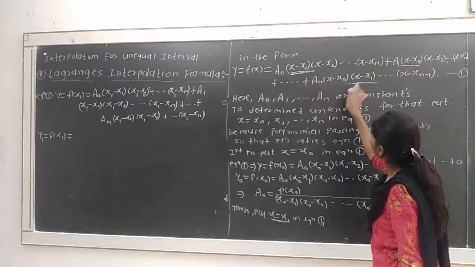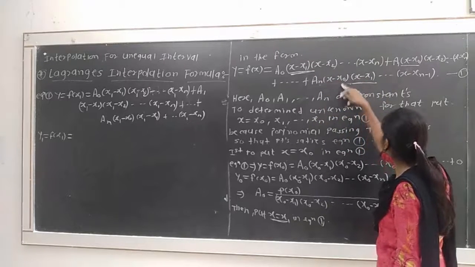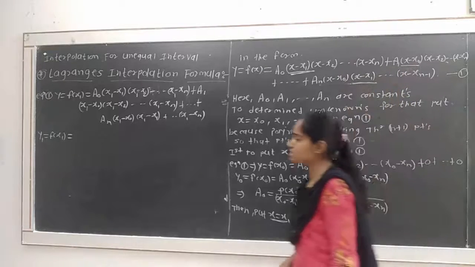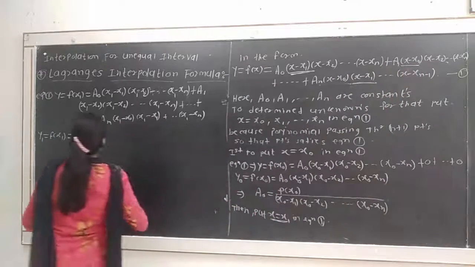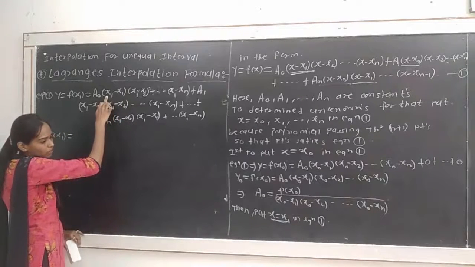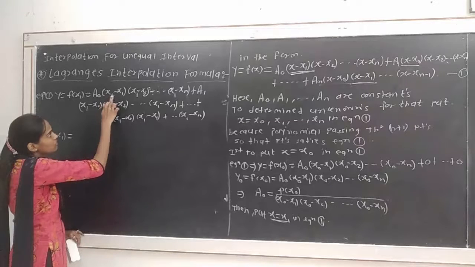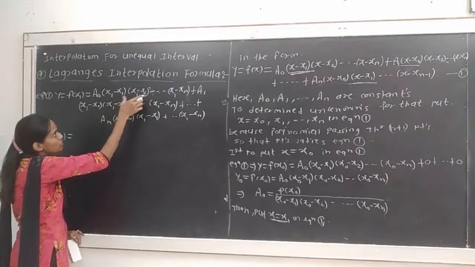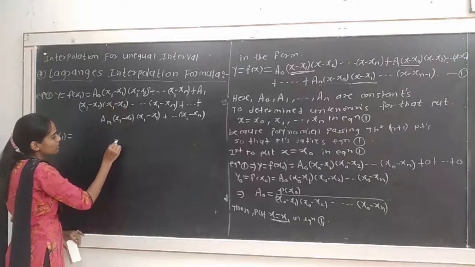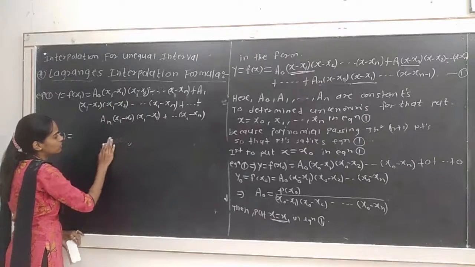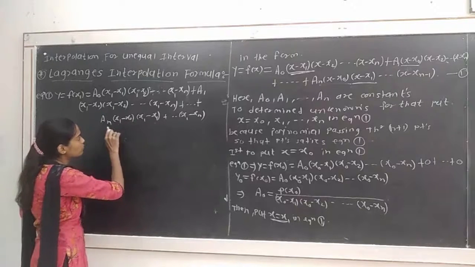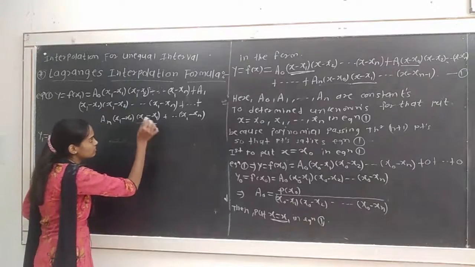So all the terms tend to 0 and the remaining term is only the second term, that is the non-zero term. The first term contains this factor x minus x1, and by putting x is equal to x1, this x1 minus x1 becomes 0, so this term becomes 0. In the second term, this factor x minus x1 is not present, so this term will be non-zero.